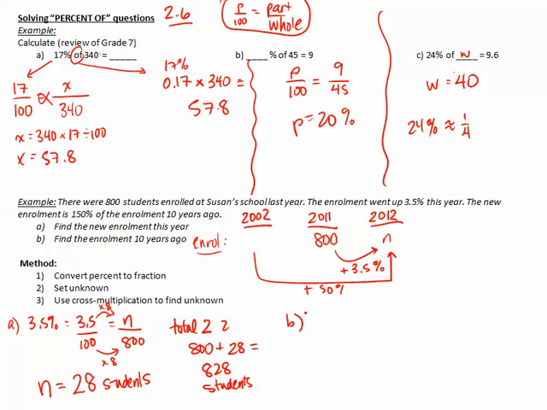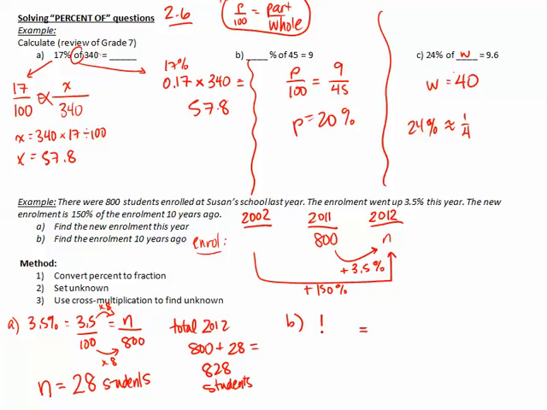If I look at question B, find the enrollment 10 years ago, what I want to do is try to set up a proportion again. Now, I'm comparing this year's to 2002, which is an increase of 150% of that amount.